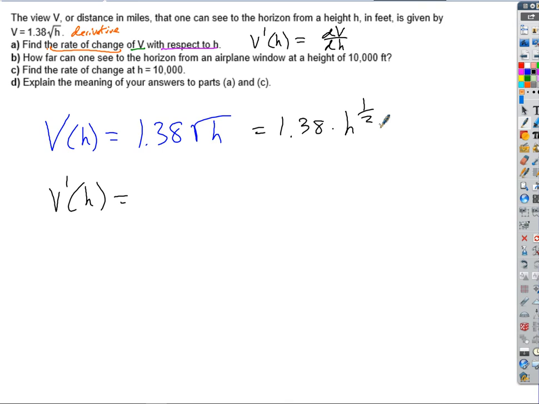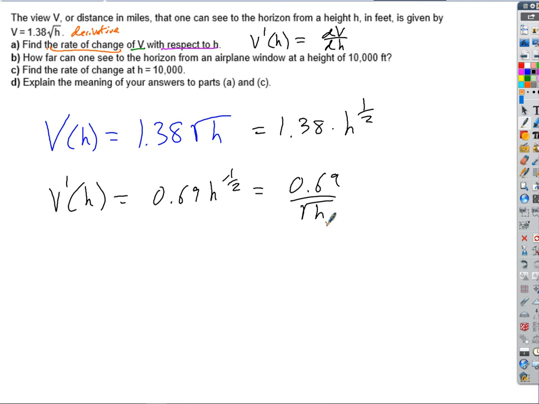Yeah, okay, times the 1.38, so that works out to be 0.69. And then it's going to be h to the negative 1/2. And then you could also just write 0.69 over the square root of h. There you go, very good. So there's our function for v prime of h.